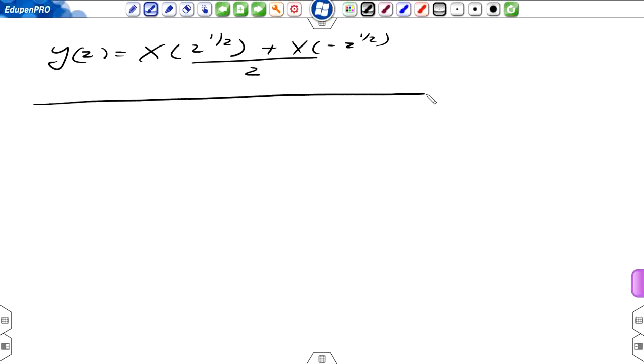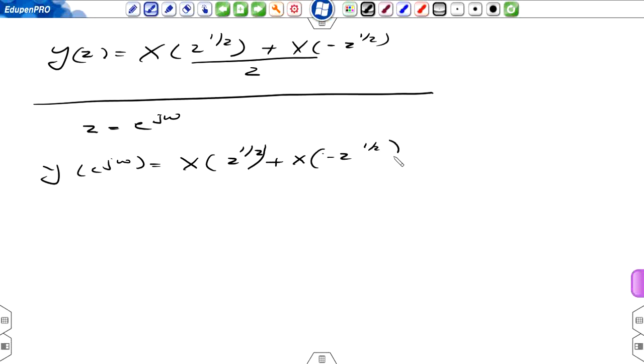So we can derive the Fourier transform just by putting z equal to e^(j omega). So Y of e^(j omega) will be X(z^(1/2)) plus X(-z^(1/2)) divided by 2.